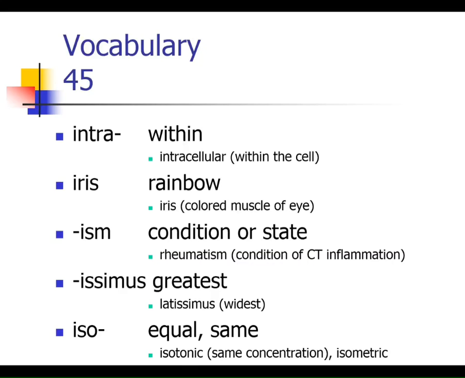Iris is the colored muscle of your eye. It means rainbow. And ism, condition or state. Isthmus, the greatest. So we've seen the latissimus dorsi. We know it's a big, great muscle of the back. And iso, we saw isotonic a long time ago. And we'll see isometric next time, same or equal when it comes to iso.